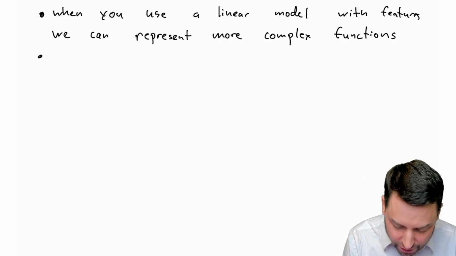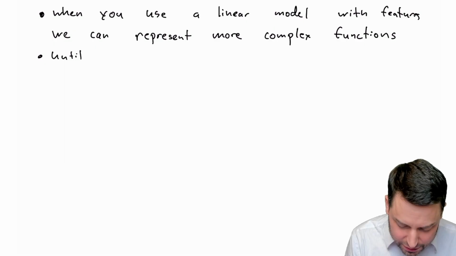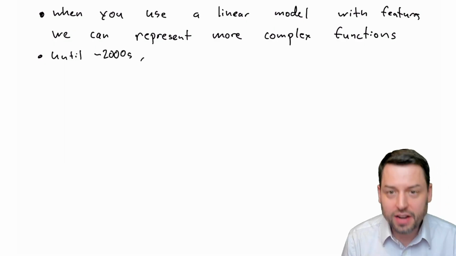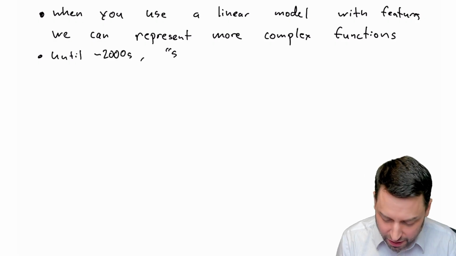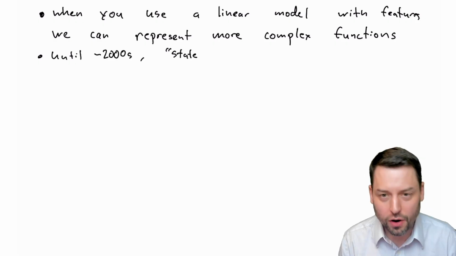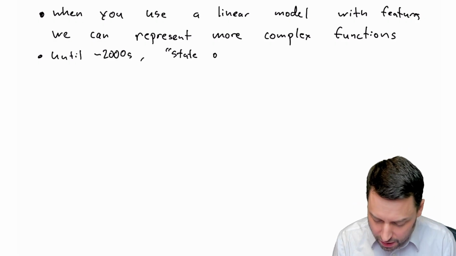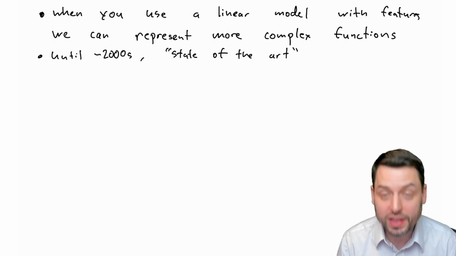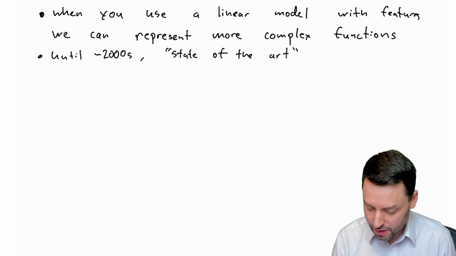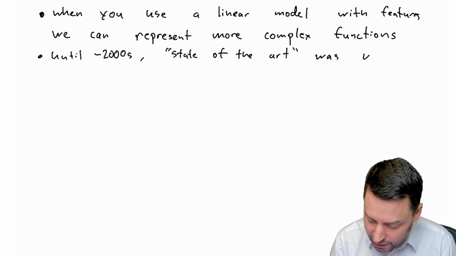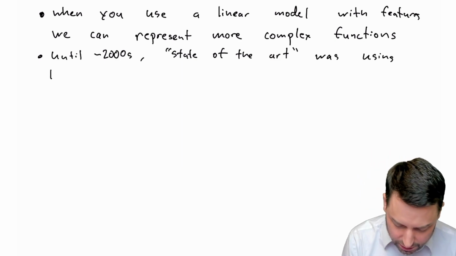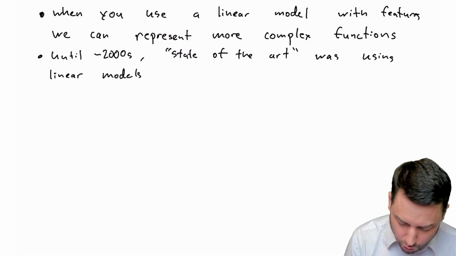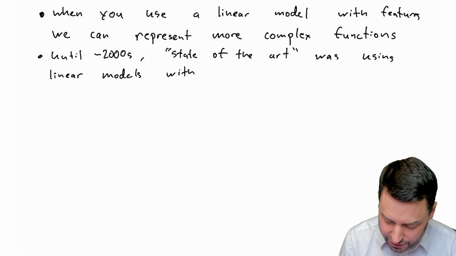But I would say that until the 2000s, the state of the art, and I'm going to put state of the art here in quotes because you could argue this wasn't really the state of the art, but at least what people were really doing in machine learning was using linear models with handcrafted features.